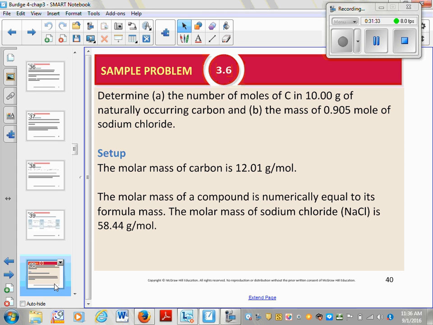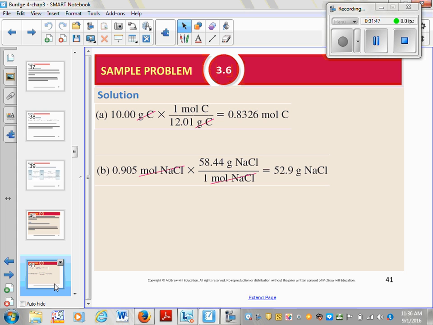If you look at your map, to go from moles of A to grams of A, it says multiply by the molar mass, which is what we're doing. So let's see what the answers are. So the first one, we end up with 0.8326 moles of carbon. Bottom one, turns out we have 52.9 grams of sodium chloride.